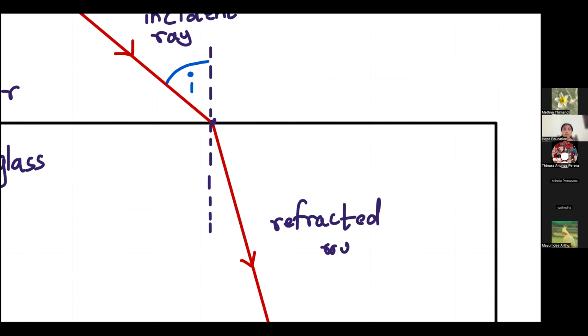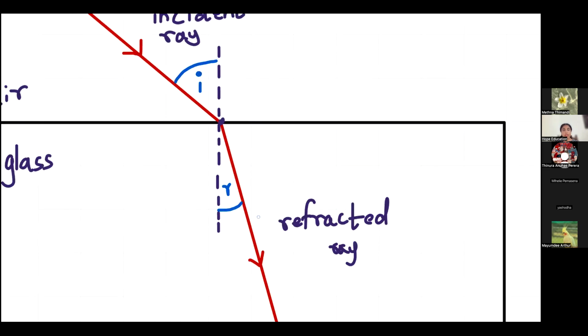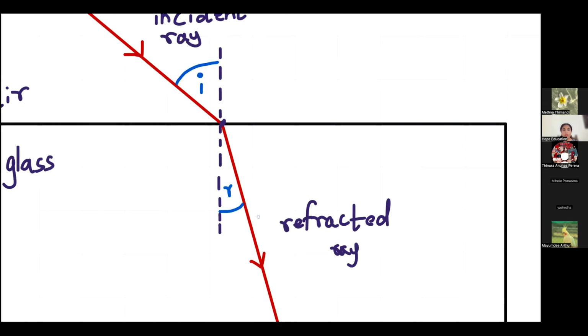And the angle between the normal and the refracted ray, I indicate using simple R, which means it's the angle of refraction. That's also clear, right? Let's come to this part.